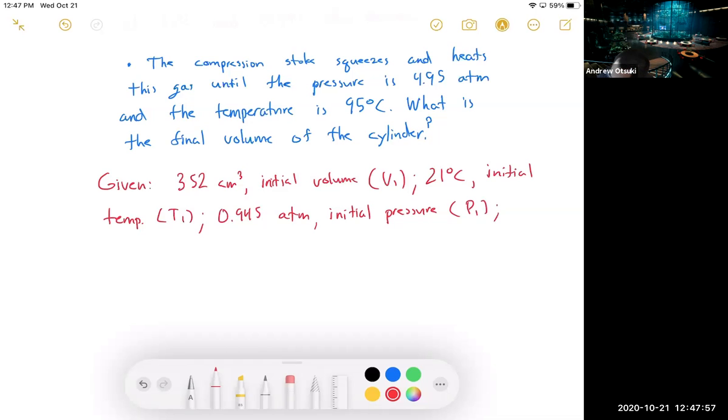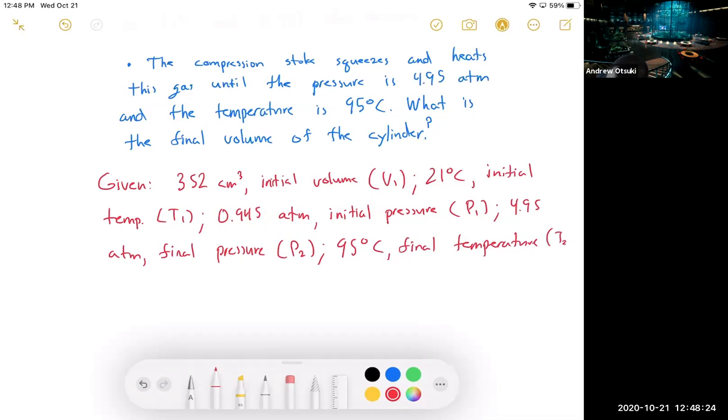Then we have 4.95 ATM. That is our final pressure, P2. And then 95 degrees Celsius is our final temperature, T2. So what we wanted is final volume.